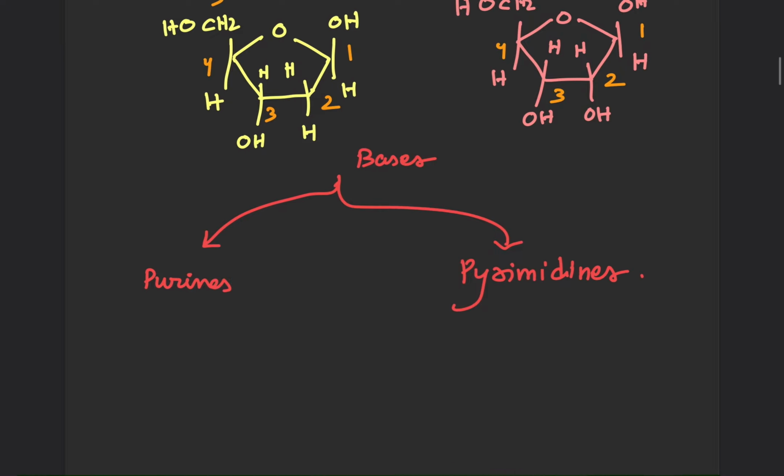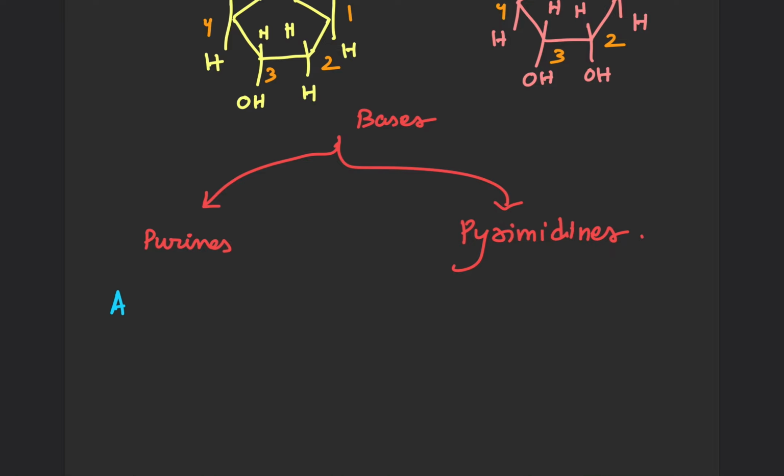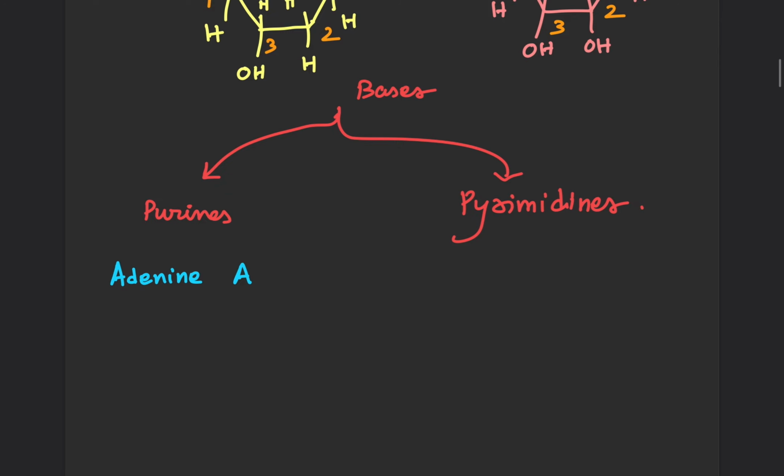In purines, the two most commonly found purines are adenine and guanine. Adenine's symbol is A, guanine's symbol is G, and these two are present in both DNA as well as RNA. So they are found in DNA plus RNA.